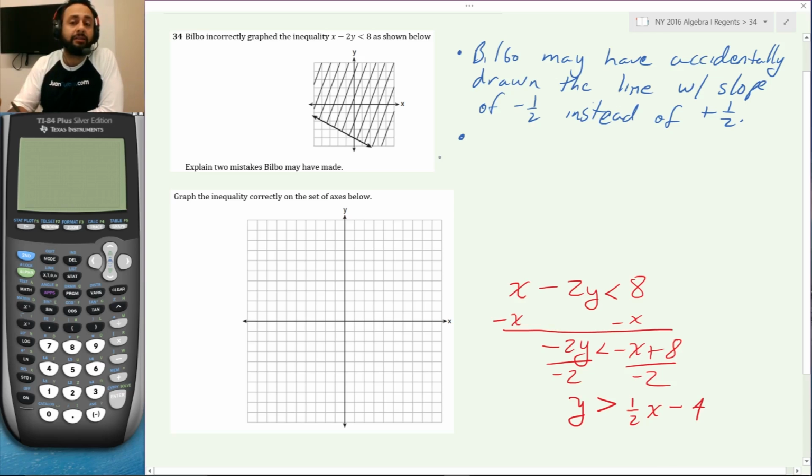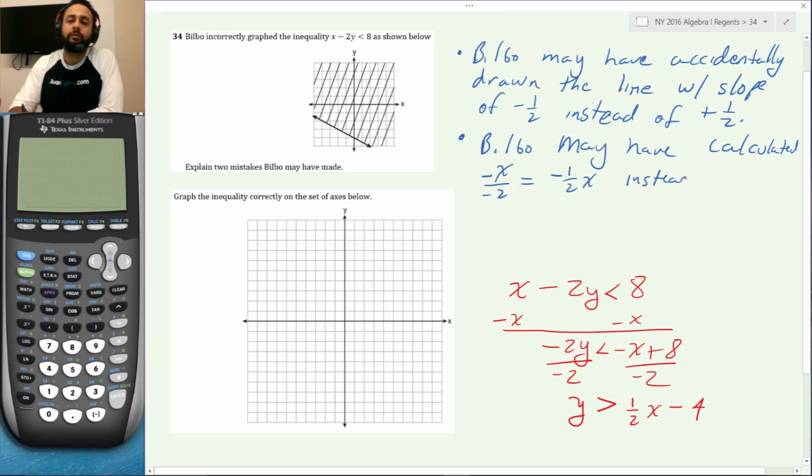So a possibility is that Bilbo, by the way, Bilbo is Bilbo Baggins from Lord of the Rings, may have calculated negative x over negative 2 equals negative 1/2 x instead of positive 1/2 x. In other words, he made a sign error. That's a very valid description of a possible error Bilbo may have made.